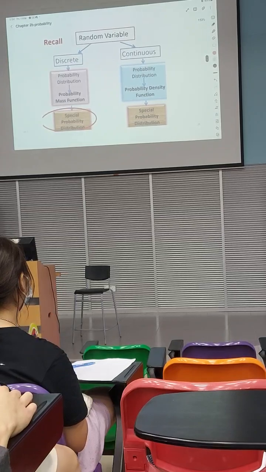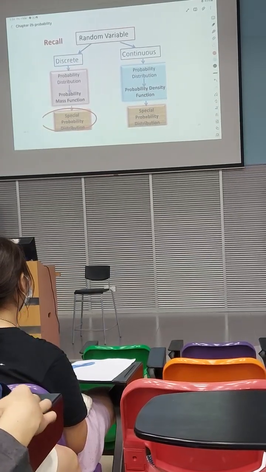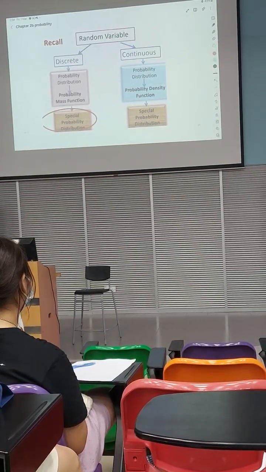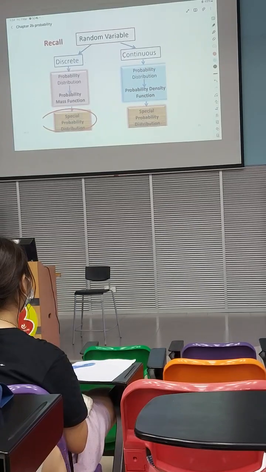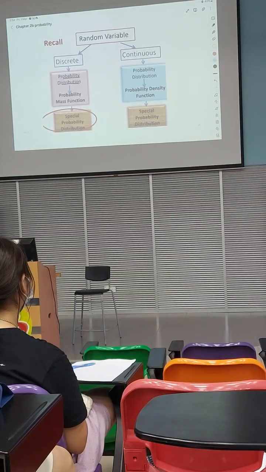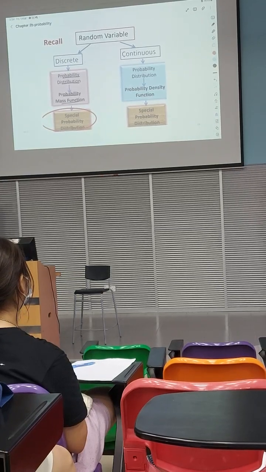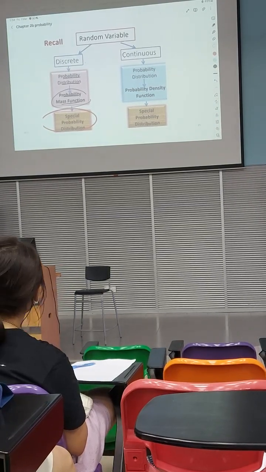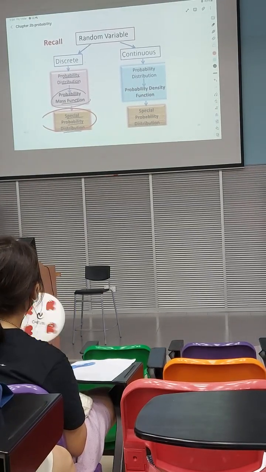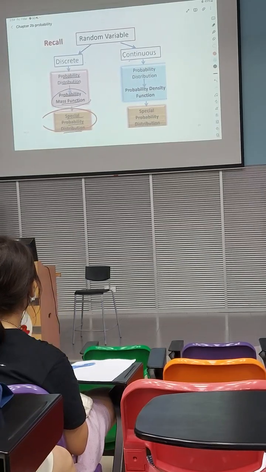So again, random variable, we know that it is discrete and continuous. For the probability distribution, we use probability mass function. Under this, we could have a special probability distribution. It is the same for the continuous. Let us go through this one by one.